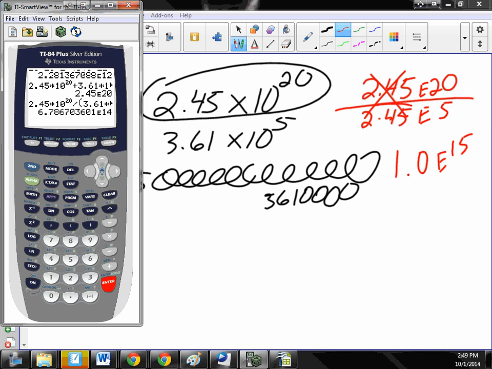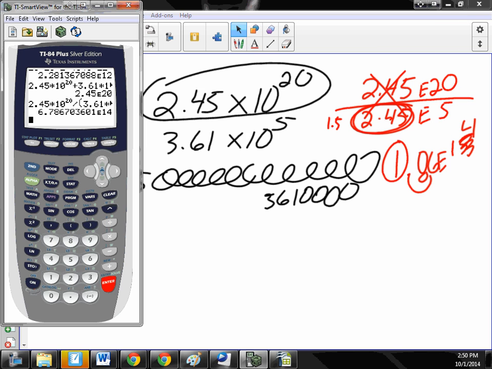Well, if this number is smaller, let's say 1.5, then that would be bigger than 1. Agreed? Well, what if this number is bigger than 2.45? Then this 1 is going to be like 0.86, in which case you move the decimal over, and that would be a 4. Okay? So we are going to divide those tomorrow.